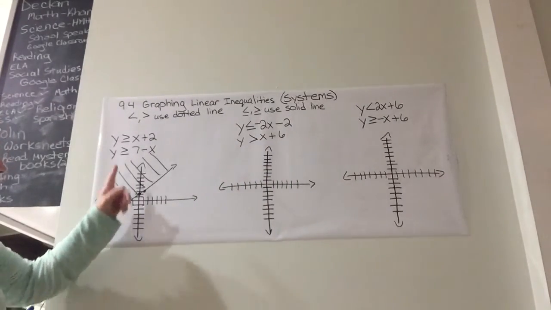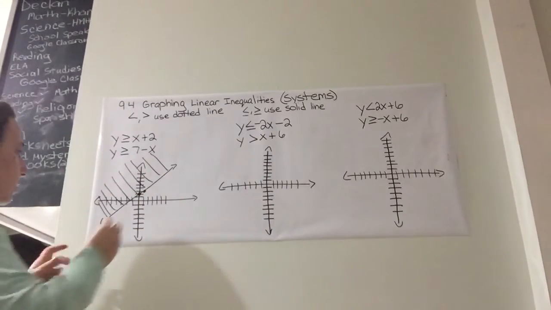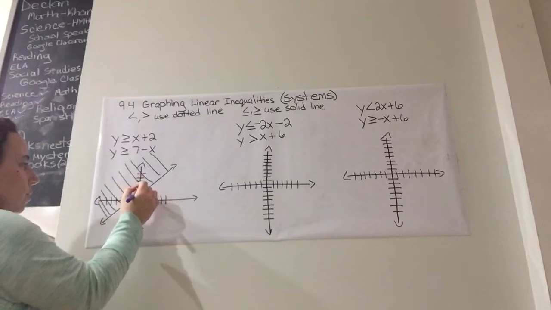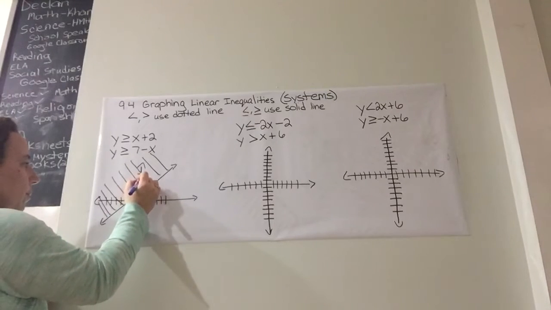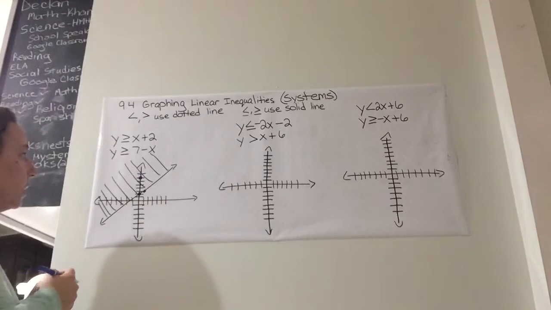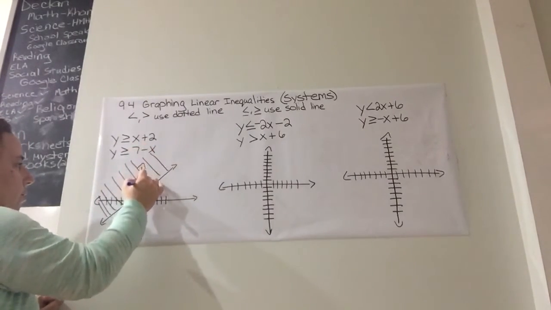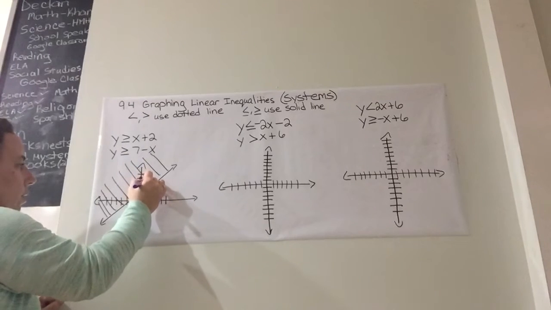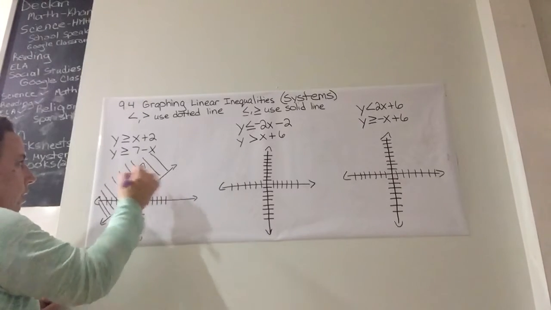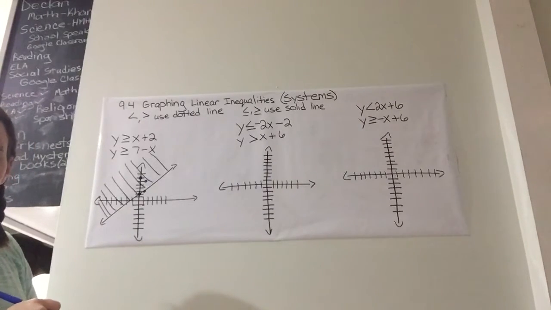Okay, now I'm going to graph this one. So I start off at 7. So we're at 2, 3, 4, 5, 6, 7. So there's my point there. And then my slope is -1, so I go down 1 to the right 1. Then I have to see what kind of line I'm going to draw.